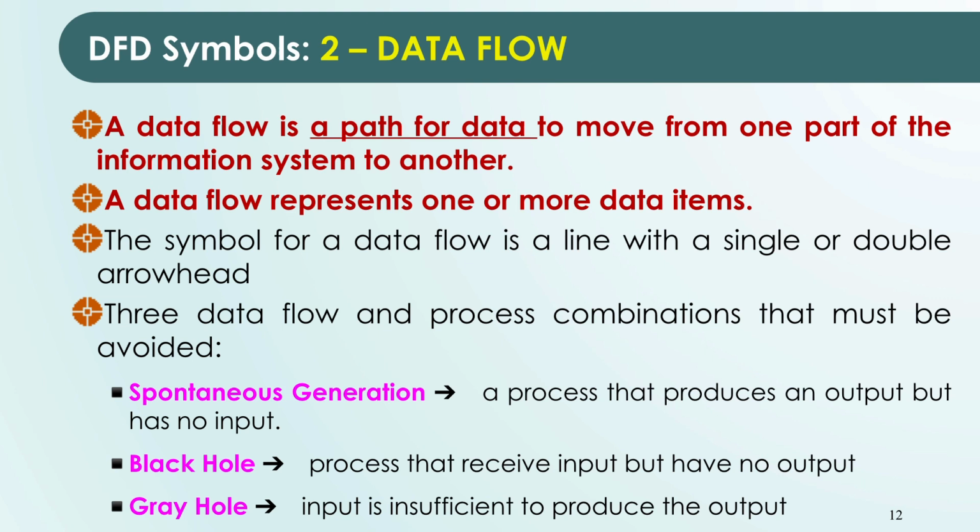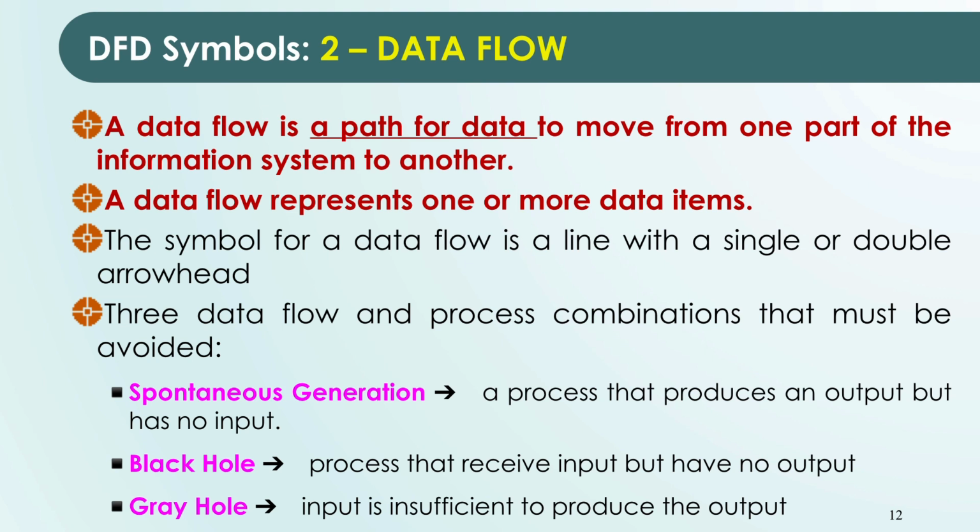And the last combination is the gray hole. The gray hole is the situation where the input is insufficient to produce an output. For example, we give input birth date and the output is calculating the CGPA.